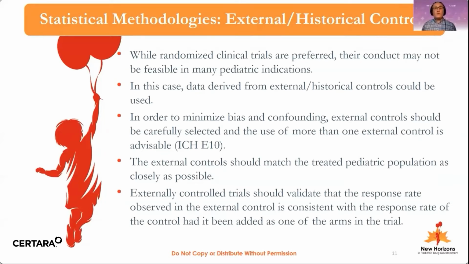The choice will be influenced by the scientific questions identified in the study and in the extrapolation concept in particular. Whether we use external or historical controls with frequentist approaches, for example, to establish overall response rates or non-inferiority margins, or we use these controls with Bayesian approaches to construct, let's say, priors or establish thresholds, one should pay careful attention to the choice of these controls and how these controls best match your study at hand.